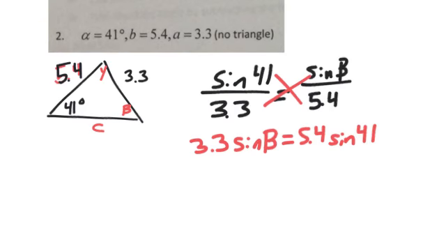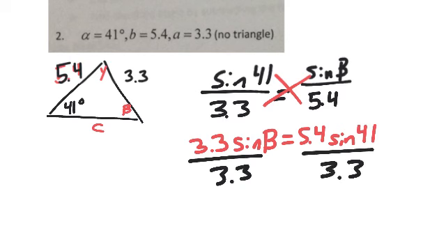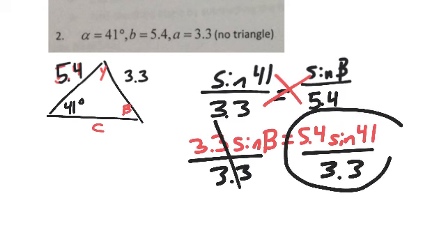Okay, so now we're going to solve for beta. So I divide by 3.3. So that's going to tell me sine beta equals this number. But I don't really care what sine of beta is. So if I was going to solve this, I would go ahead and take an inverse sine of both sides because I want to know what beta is.